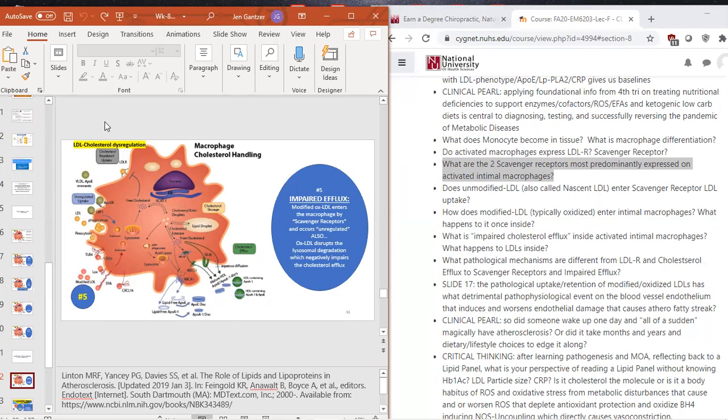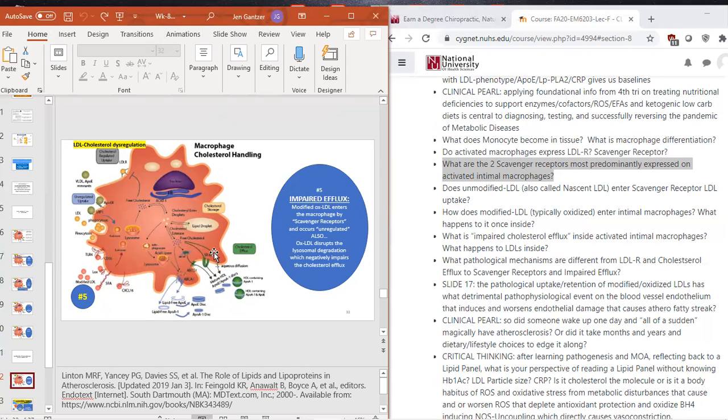Now, unlike normal LDL, cholesterol regulated uptake, where endocytosis removes the LDL receptor, once this CD36 and LOX1 takes up modified LDL by taking the modified LDL and putting it into this activated macrophage foam cell, it keeps going.